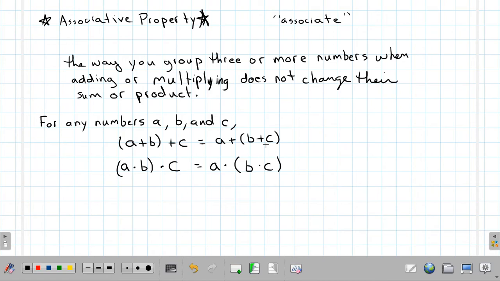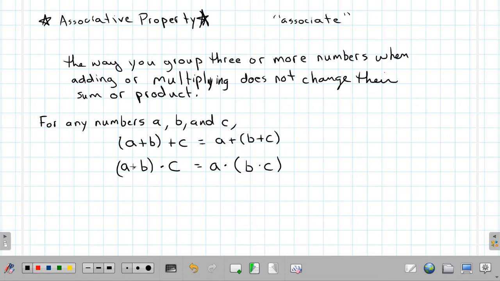So one way to think of the associative property is with this term associate. If you have 3 or more numbers added together, it doesn't matter if you add the first 2 numbers and then the third number, or if you add the last 2 numbers and then the first number, the sum is going to be the same. Okay, and the same thing happens with multiplication.